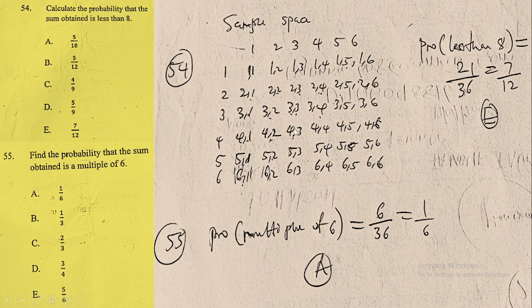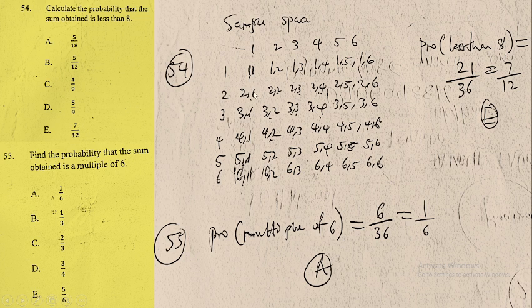So 21 is the favorable outcome here. So that's why our probability of less than 8 is 21 out of 36. And 3 can go into both, 3 can go into 7, 3 can go into 36, giving 7 over 12. So option E is the correct answer, 7 over 12.